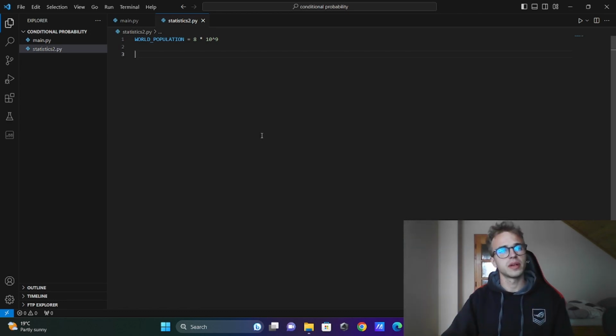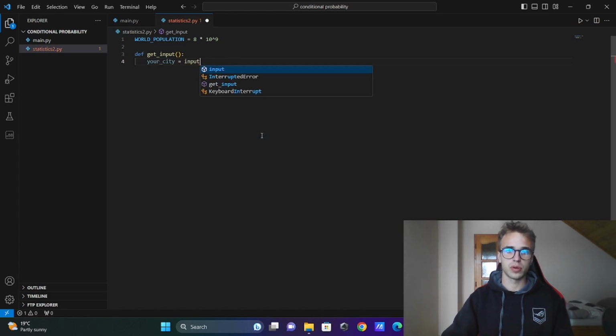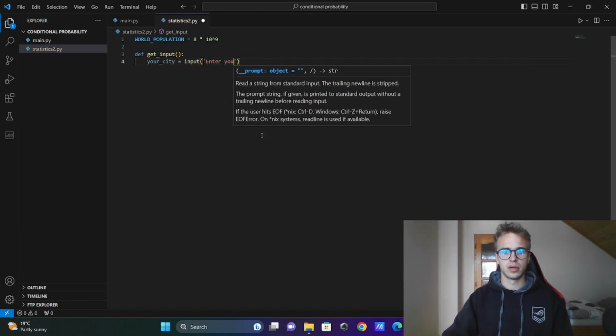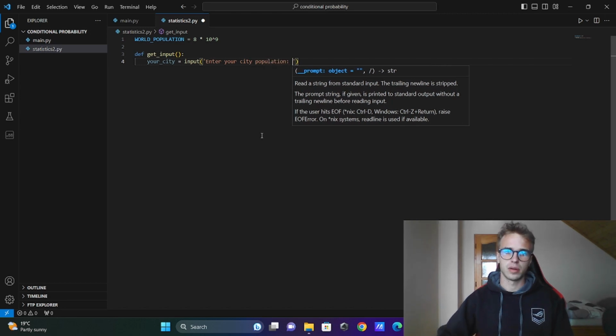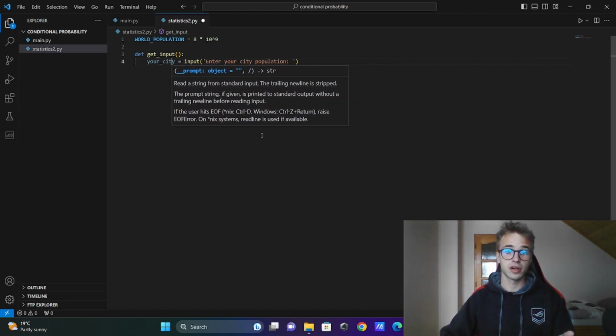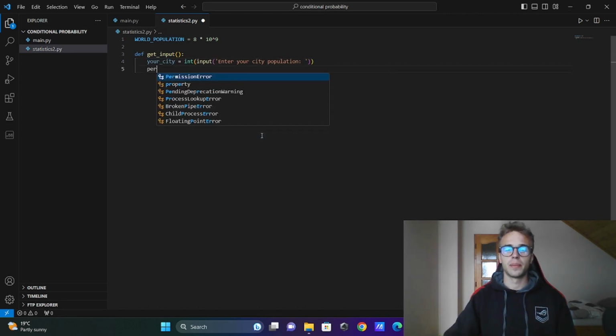In order to make our program reusable and more testable, defining a function is a good idea. Get input with no parameters. Your city population will be equal to input, enter your city population. This will get us a string, but we need an integer.